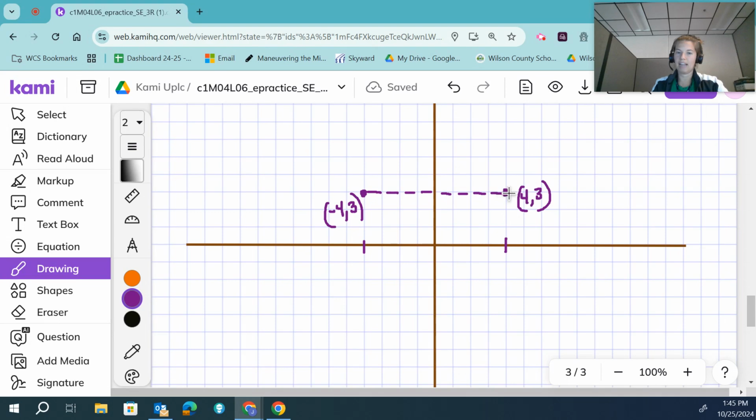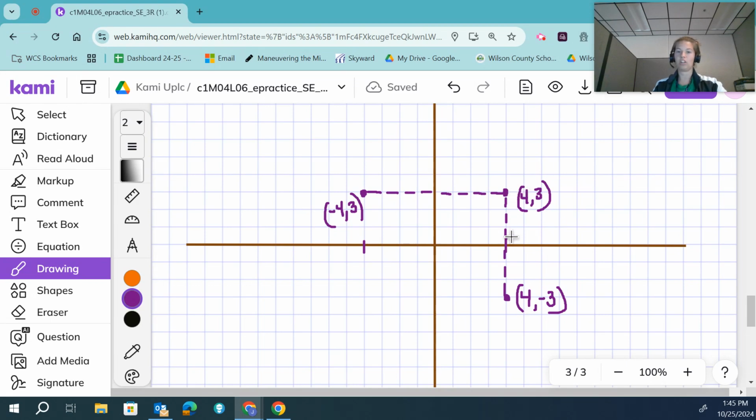Now, what if I reflected this point across the x-axis? Again, distance needs to stay the same, so it's 3 spaces away. So it needs to be 1, 2, 3 spaces away, and it'll be right here, directly vertical to it. So my new point here is still 4, then it becomes -3.